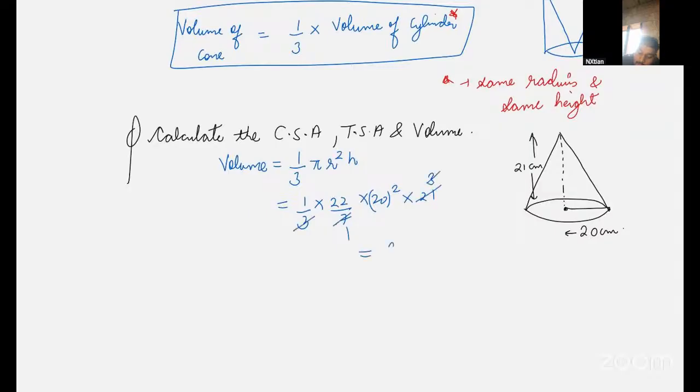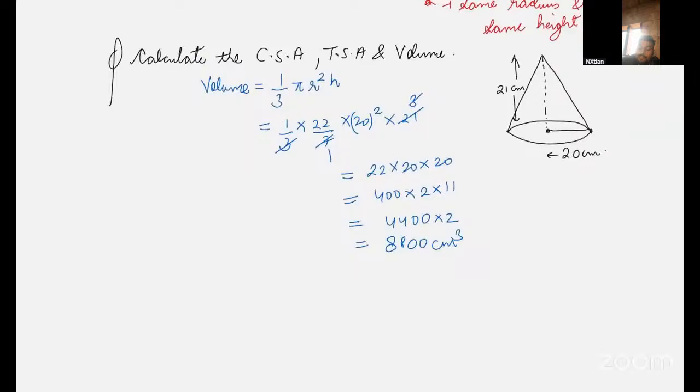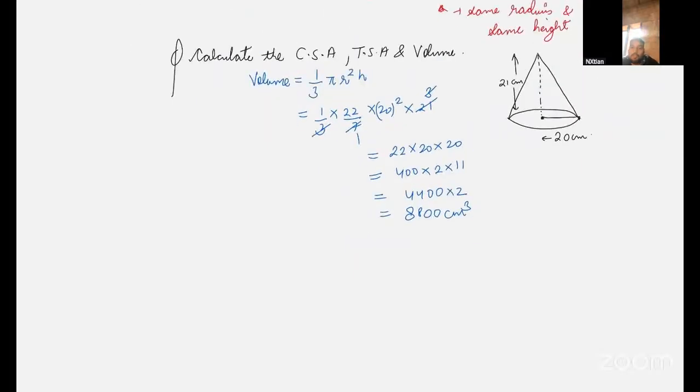So it will become 22 into 20 into 20, which will become 400 into 2 into 11, which will become 4400 into 2, which will become 8800 centimeter cube. This is the volume. Got it, guys? Ask me if you didn't understand. I got it.